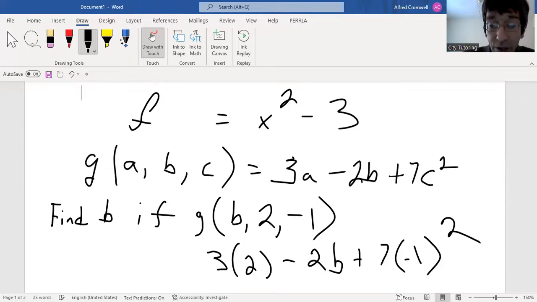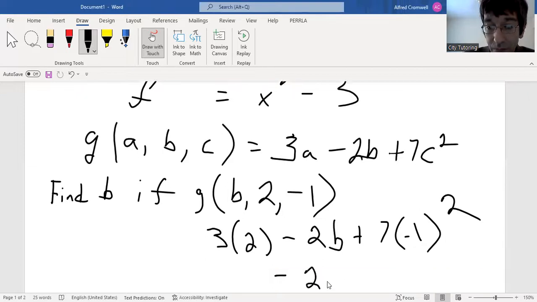They do all the calculation: 6 minus 2B plus 7 times negative 1. So then they'll say negative 2B plus 13 equals 21. By the way, I should have mentioned, I should put here 21 in the original.